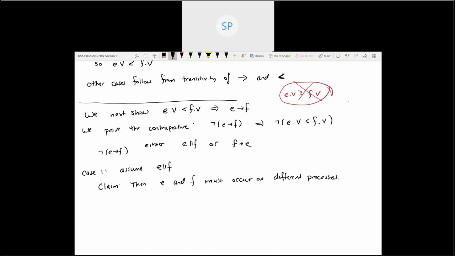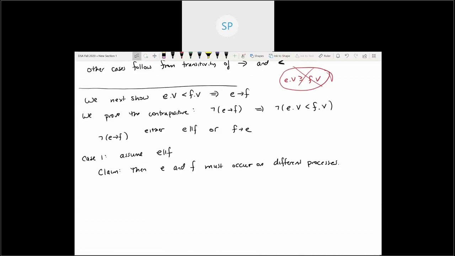Why can't I have two concurrent events happening on the same process? Yep, parallel can't happen in our model. Yes, exactly. And if you want to define it more formally, we actually defined a process as a sequence of events. So it's a total order of events at a process. So if we're going to have two concurrent events, they must be on different processes.